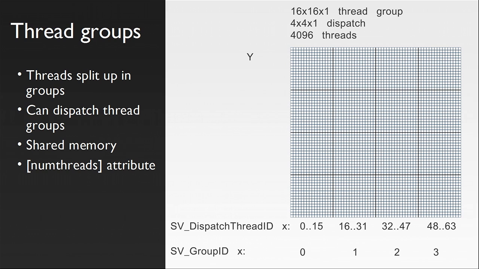And you can then dispatch a number of these thread groups. In these thread groups, you get some stuff like shared memory. So you can share memory globally for that thread group, not globally in your GPU, but globally for that thread group. And in practice, you use the num_threads attribute for your kernel. Don't worry, we'll go over some code where you can actually see this in action instead of having this abstract thing on the slide.